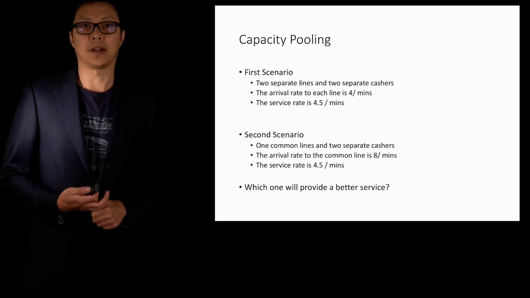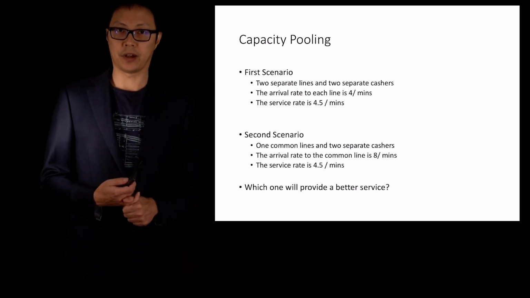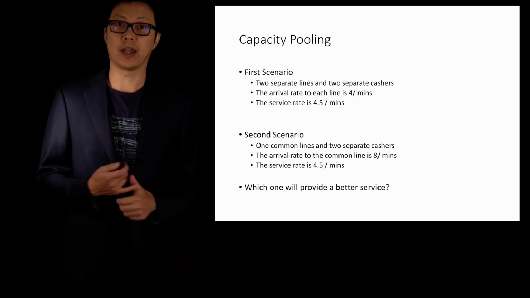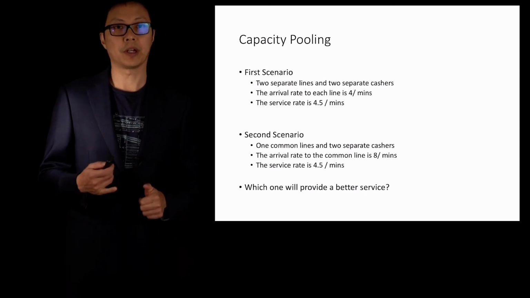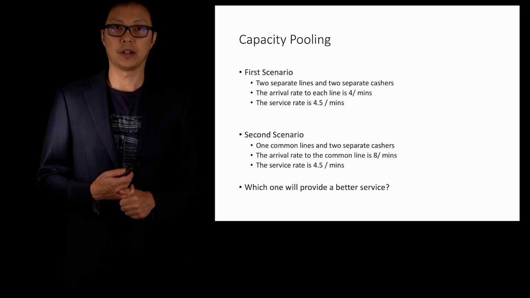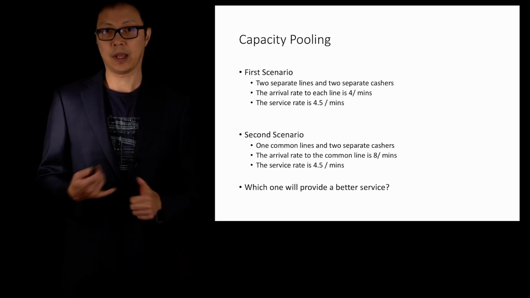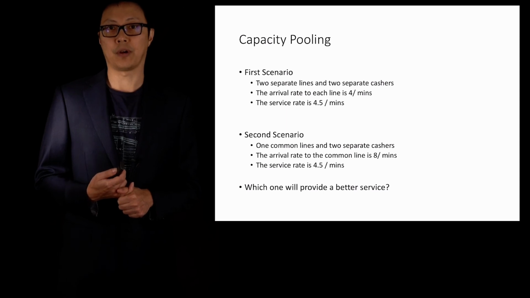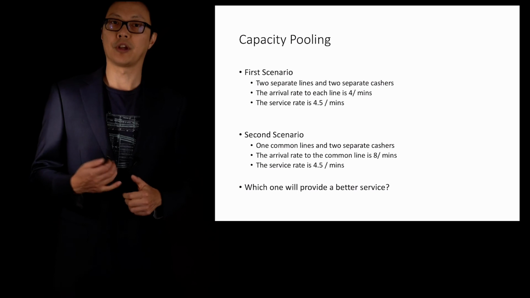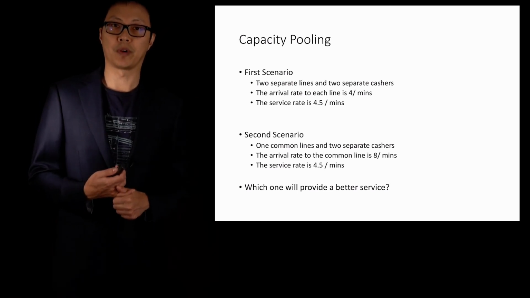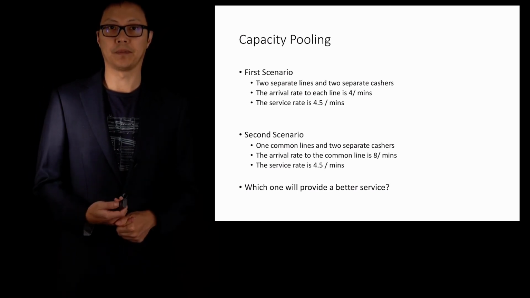In the second system, we combine the two lines together, so we have one common line and two separate cashiers. Because the two lines are combined, the arrival rate is now 8 per minute instead of 4 per minute. Each cashier can still process 4.5 customers per minute. So the question is, which one will provide a better service?